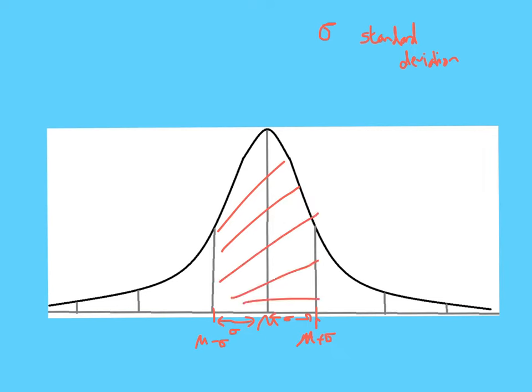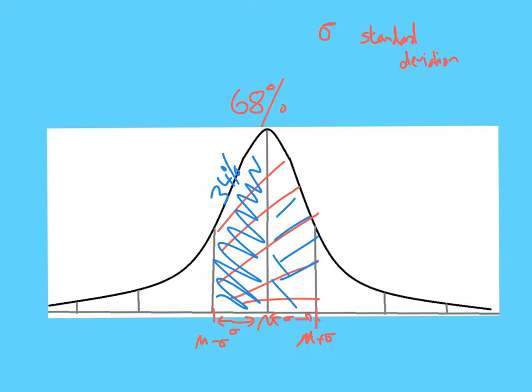And in fact, between these two here, we've looked at this vaguely before, 68% of all your values are between those two standard deviations, which means each part here, because it's symmetrical, is 34% of your values, and likewise here is also 34% of your values.